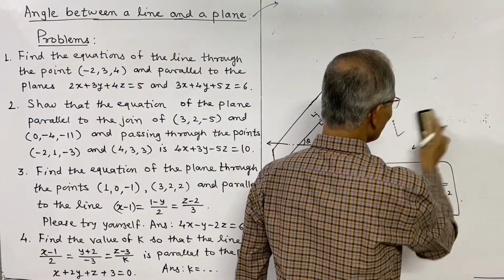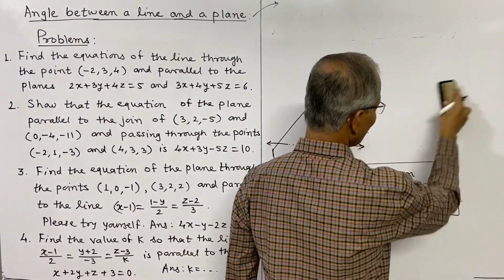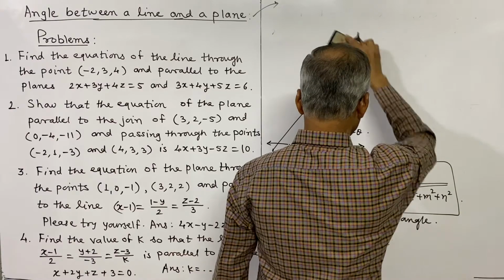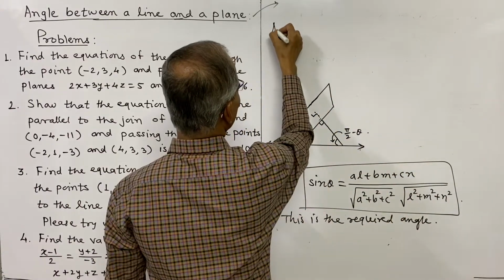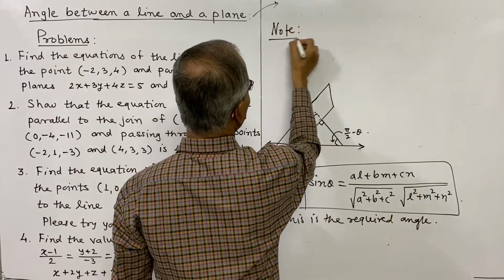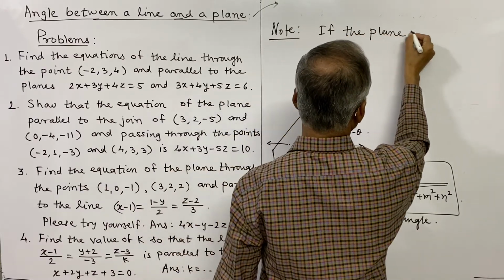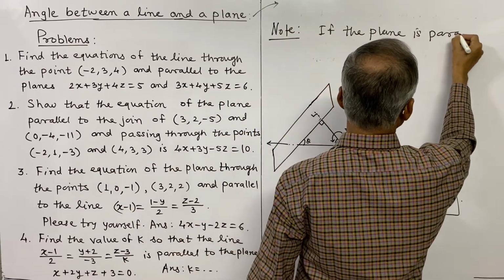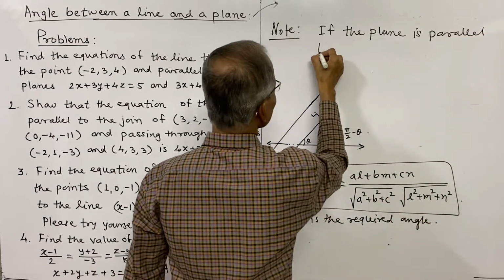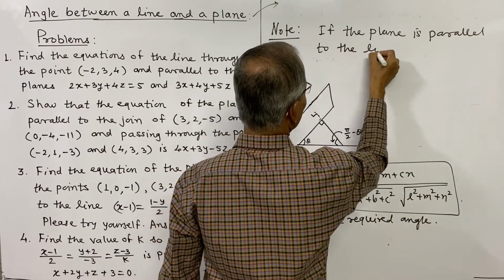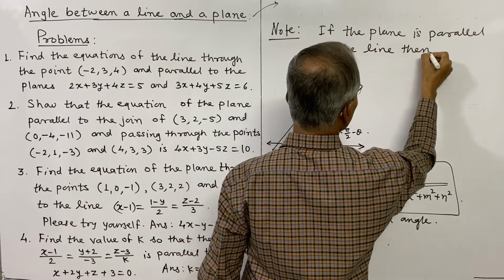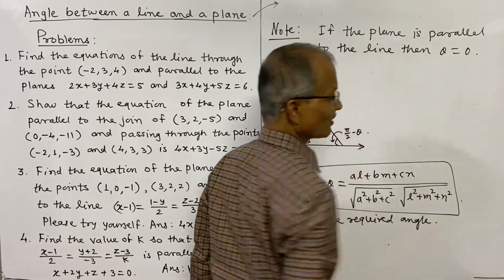You may consider 180, but we will take it as 0. So, note: if the plane is parallel to the line, then theta is 0.